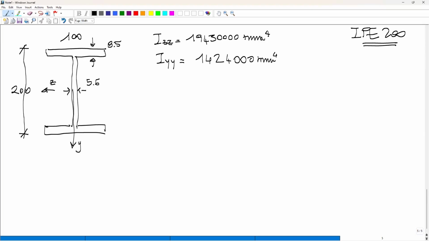Okay? So you can see that the stiffness about this axis is about 14 times the stiffness about the other axis. Okay?